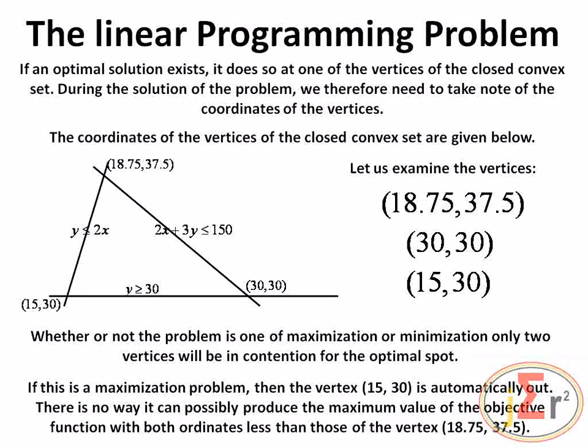There is no way it can possibly produce the maximum value of the objective function, with both ordinates less than those of the vertex (18.75, 37.5). Now, if we have an objective function that is to be maximized, there is no way that this point can give a maximum value.